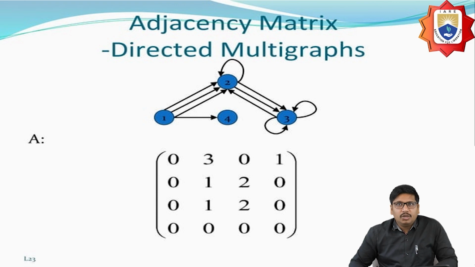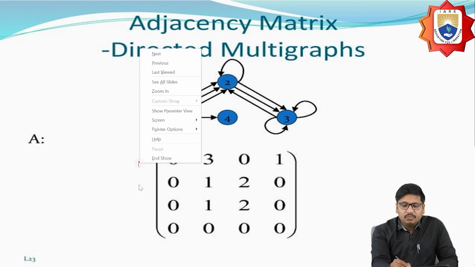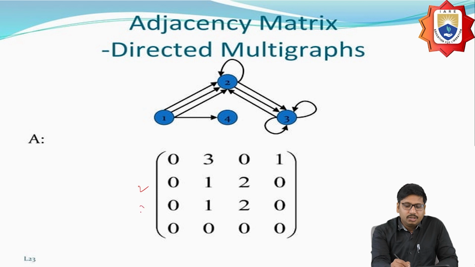So what about the adjacency matrix in the case of a directed multigraph? In directed multigraphs, the edges should be treated as counts. There is an edge from 1 to 3.